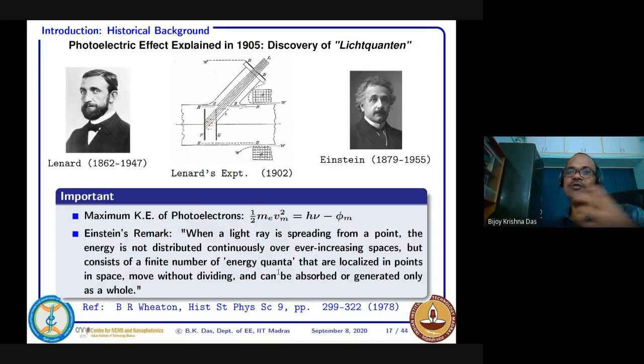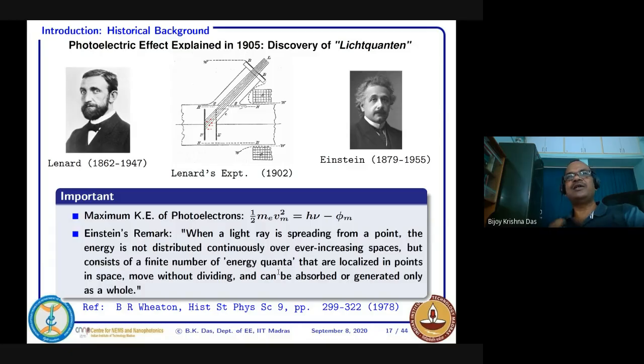So as a whole it goes, and the concept is that when you do experiments, when you will be doing research also, you will understand that you have to think like that. You have to try to visualize that. Well, the electrons are coming out, and it's a continuous electromagnetic wave. And an electron is a kind of point mass, right?